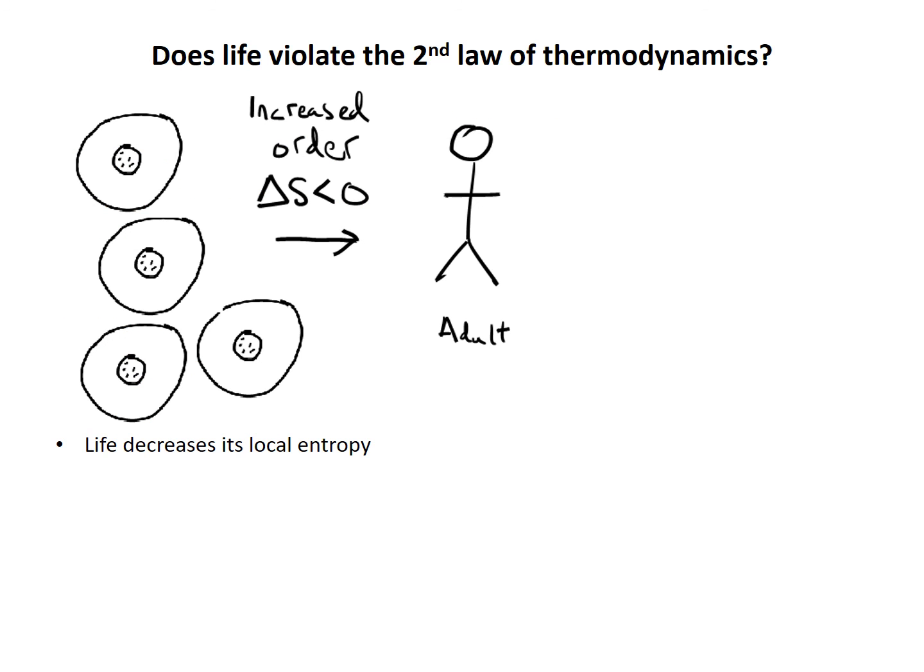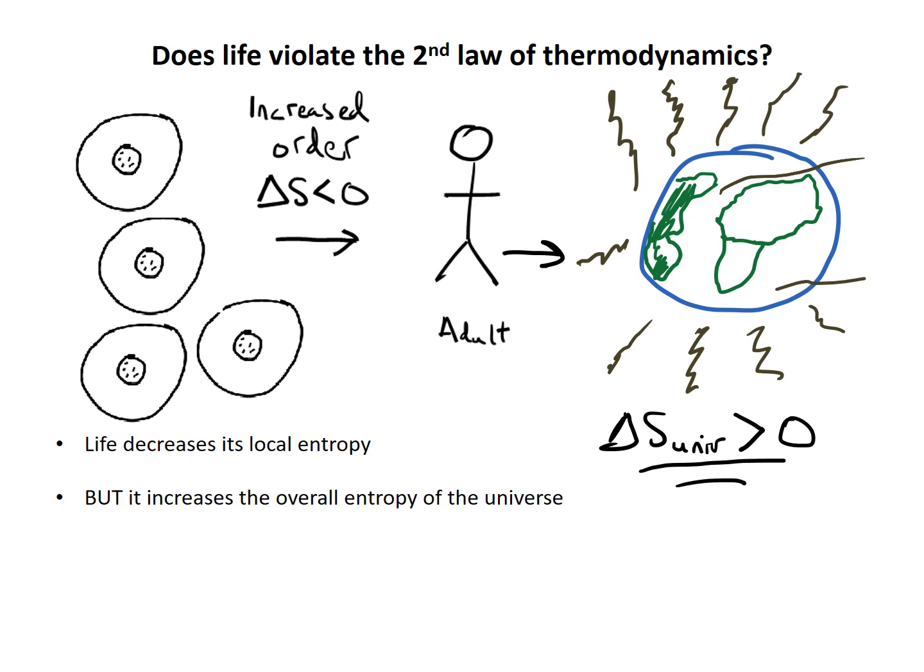Now the key question to ask is, does life violate the second law of thermodynamics? Because from trillions of cells that are free moving or isolated, we are organized into a single individual. So that process itself has a negative delta S. Well, the answer is life decreases its local entropy by increasing the overall entropy of the universe.